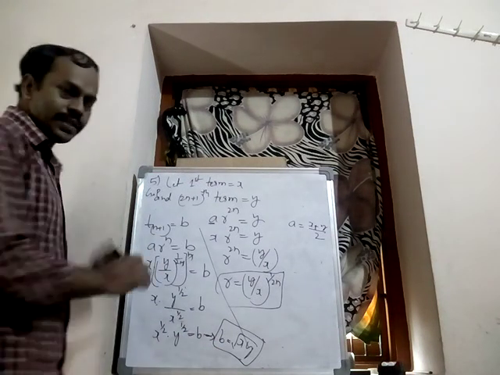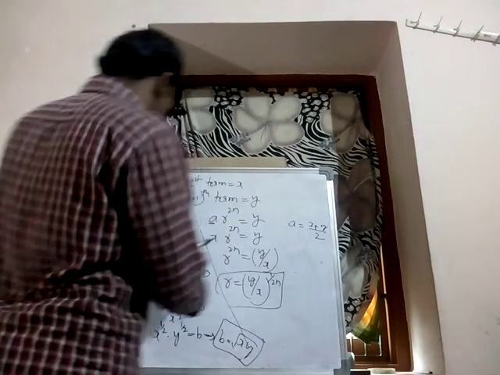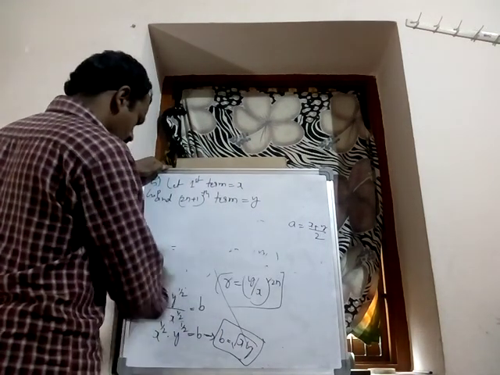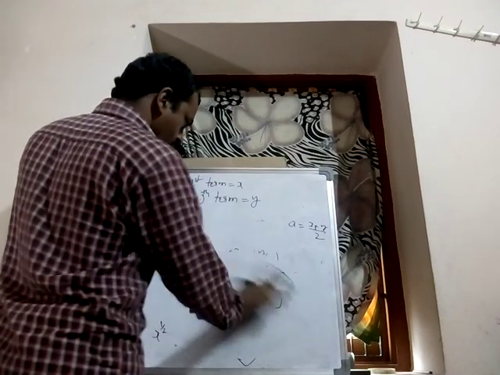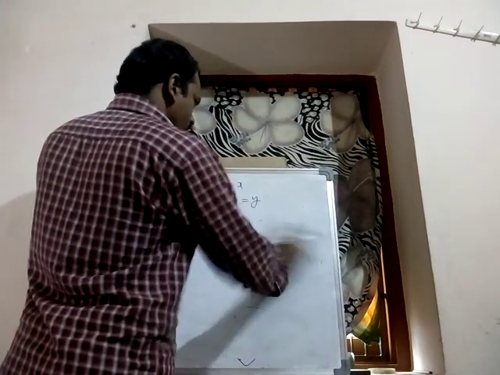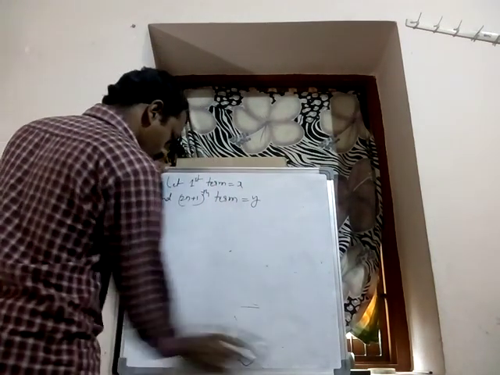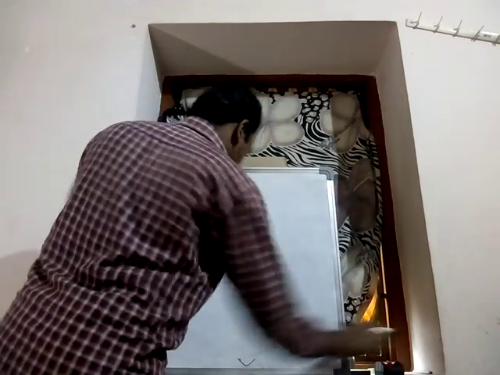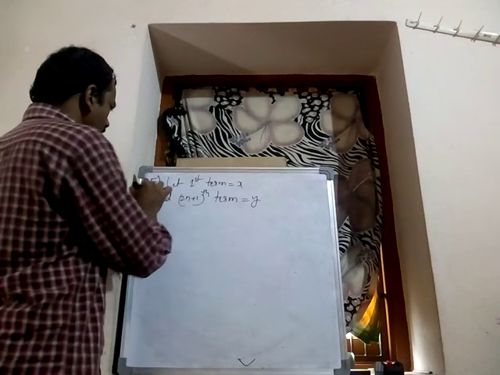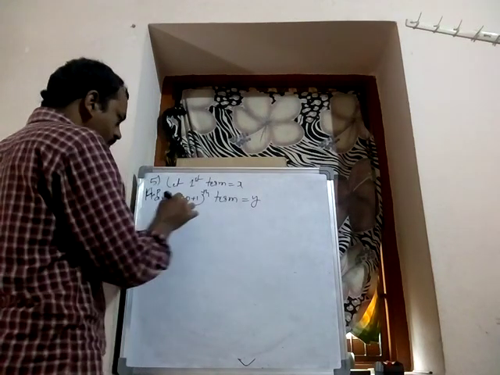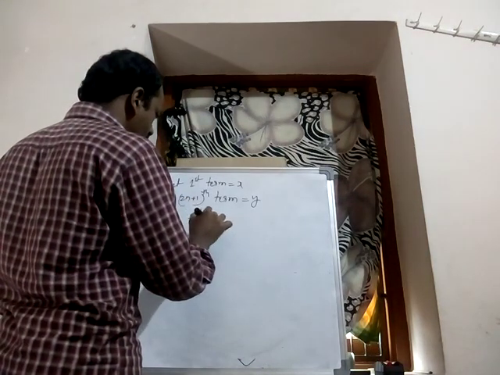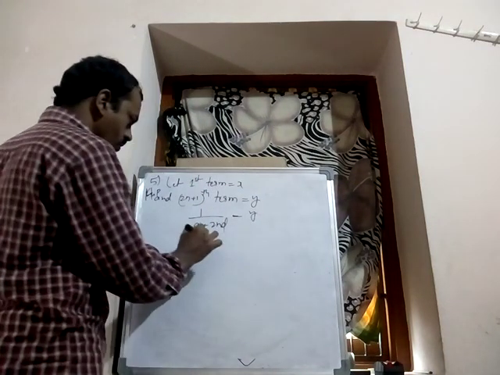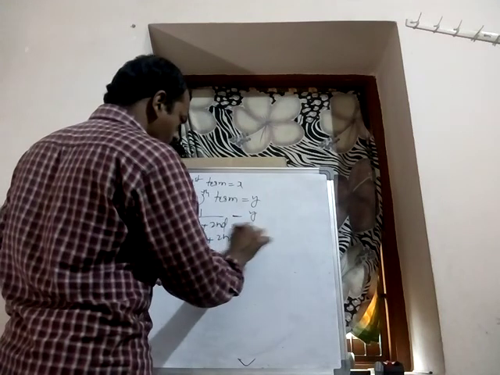So if you take an HP, so in HP, 1 by a plus 2nd is equal to y. So a plus 2nd is equal to 1 by y.